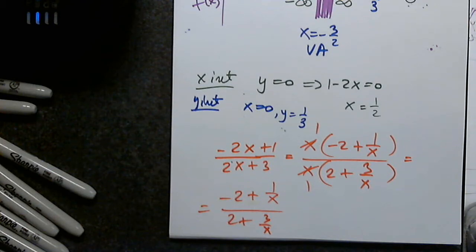So at infinities, how much is this? Almost 0. How much is this? Almost 0. So then at infinities, the function approaches what? That's it. That's the end behavior, and that's the horizontal asymptote.